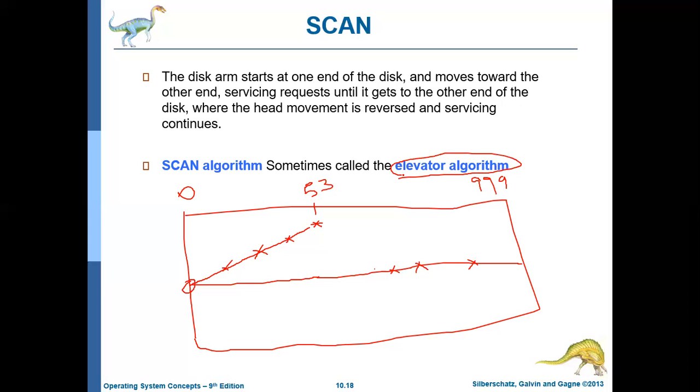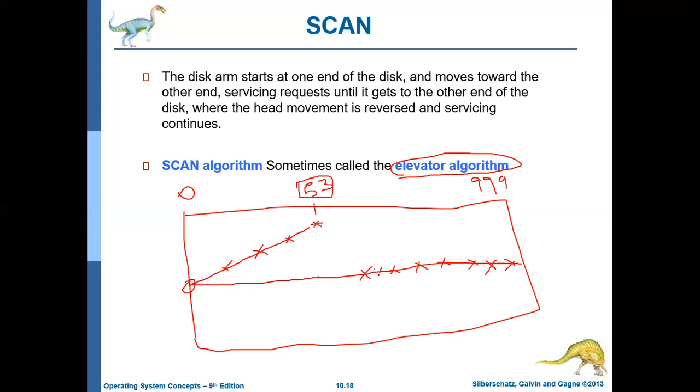One drawback with this algorithm is this. Assume the head is at location 53 and currently moving in the backward direction, but we have more requests in the cylinder numbers above 53, say 20, 30, 50 or 100 requests.